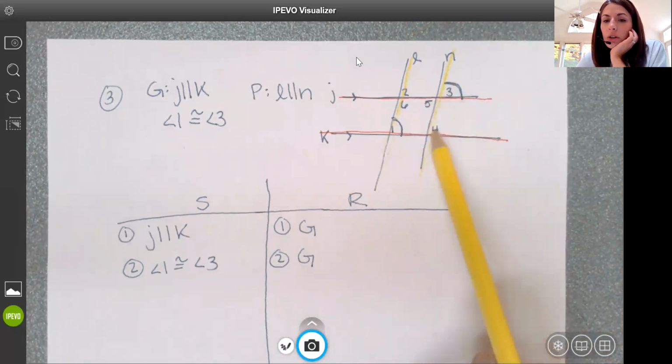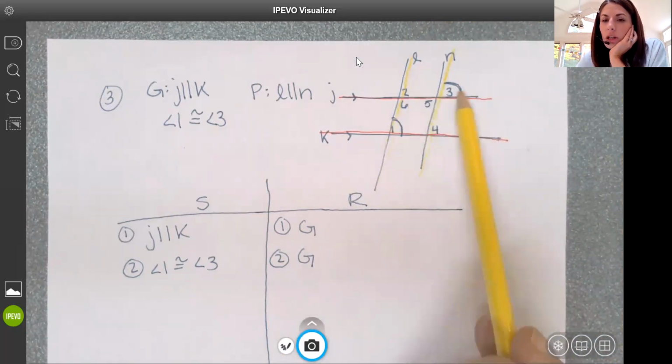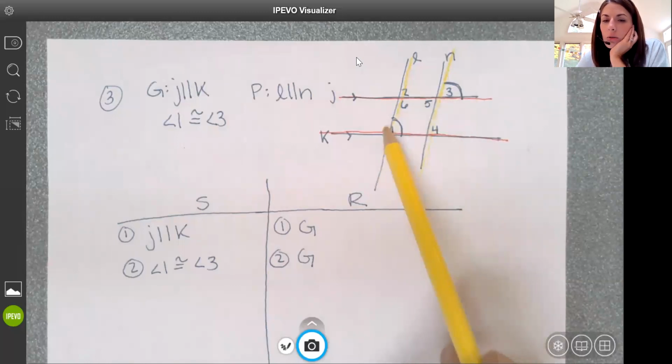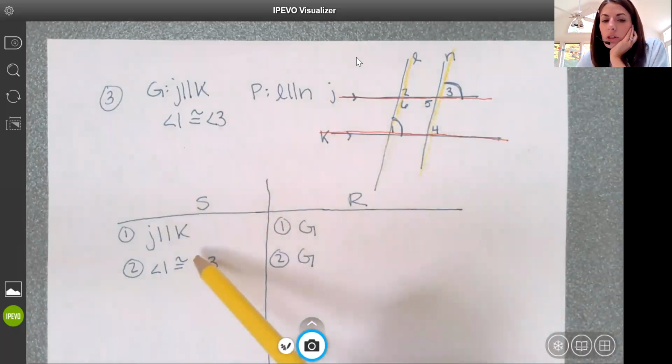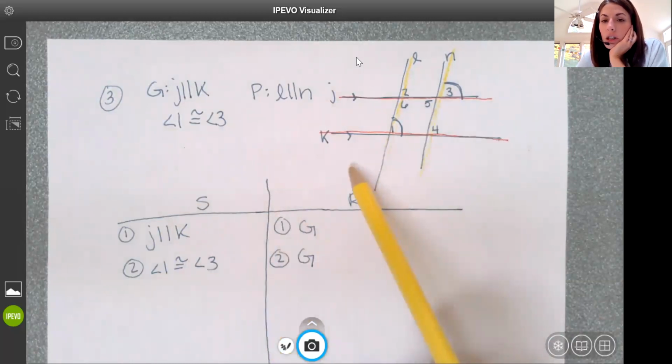Or 3 and 4, but the reason I don't really care about 3 and 4 is because it's not going to help me connect back to 1 over here. So basically we want to take 1 and link it to something that can also be linked to 3.